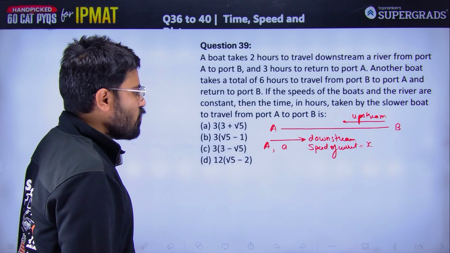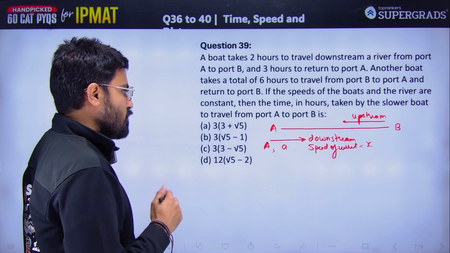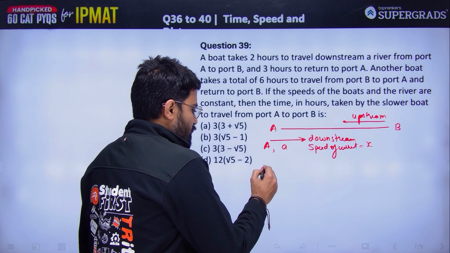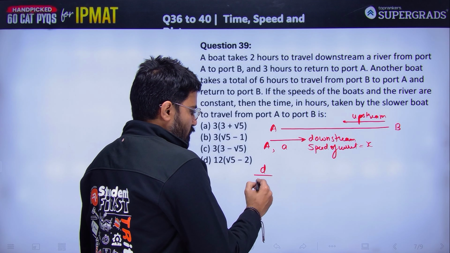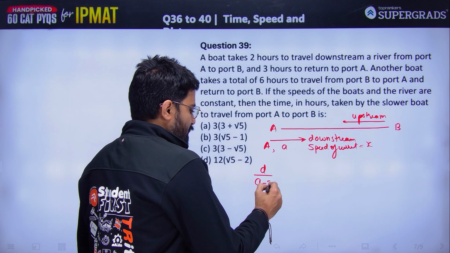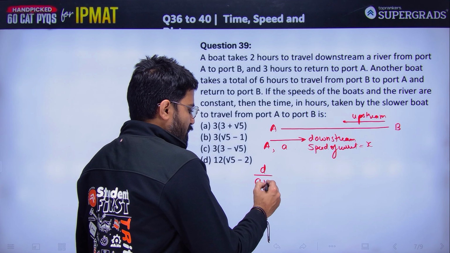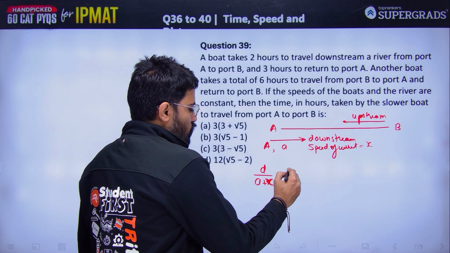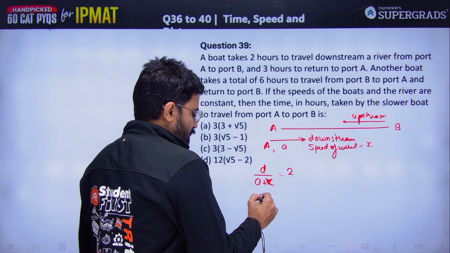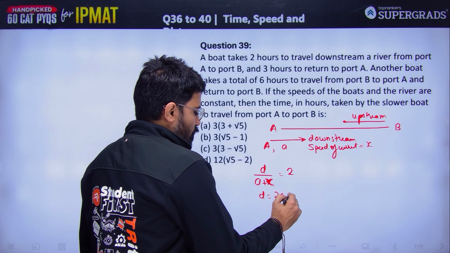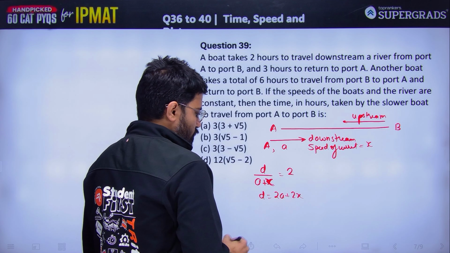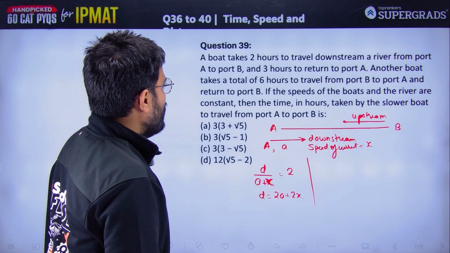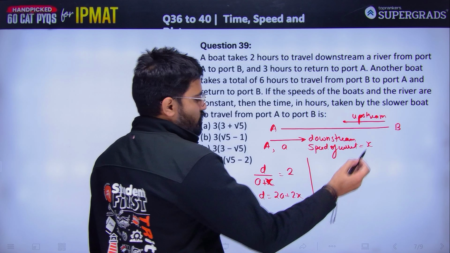So if A goes downstream, it takes 2 hours. And is the distance given? No, distance is also not given. So distance upon a plus x, it is going downstream, is equal to 2 hours. So from here I get distance is equal to 2a plus 2x. And what are they saying next? 3 hours to return to port A. So it is coming upstream.